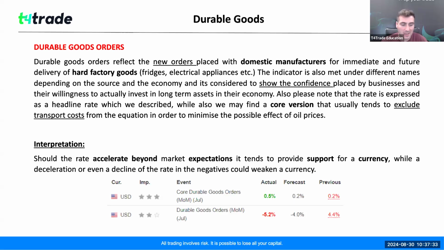So if there is no strong durable goods orders, that means there is not enough demand, or because of the higher cost or whatever that is. This is not good news for the long-term trajectory or path of the economy, because you don't have new orders of things that actually matter and last for quite a while within your economy. That's certainly not good news.